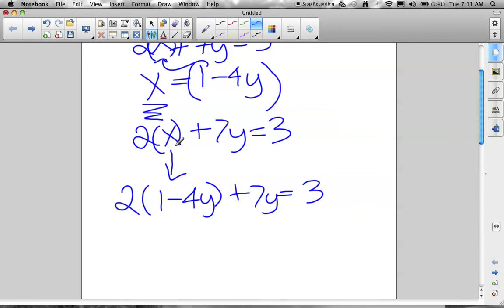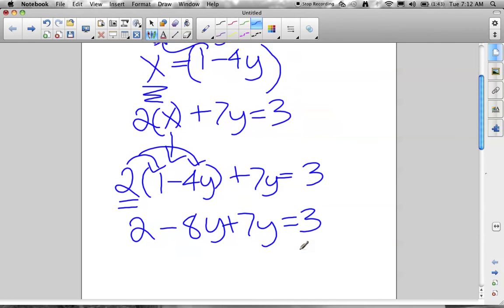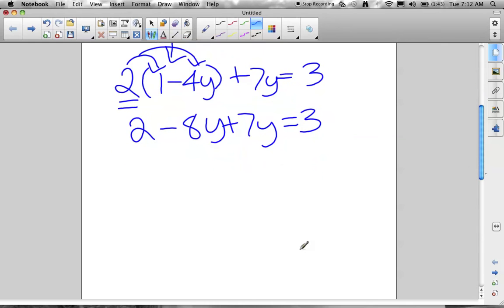Now you can start to see why the parentheses are important around the x. Because we're plugging in an expression, and with this 2 out in front, that means we're going to need to distribute. You get 2 minus 8y plus 7y equals 3. So now we're just going to keep solving our multi-step equation, combine like terms to get a minus 1y.